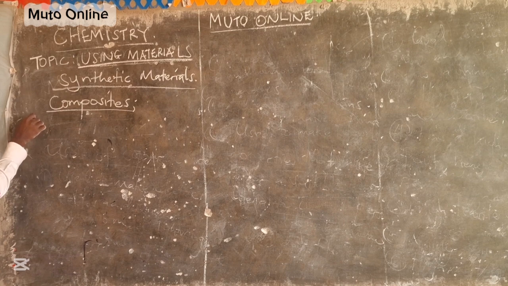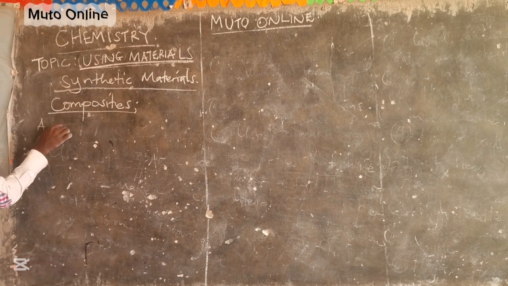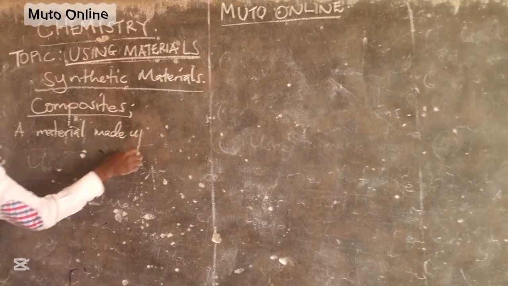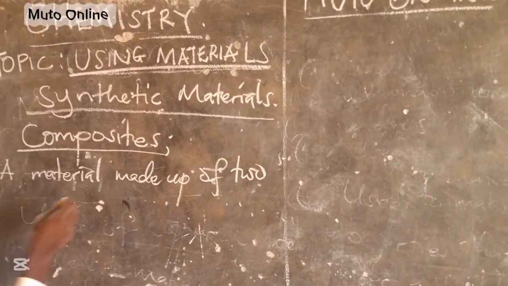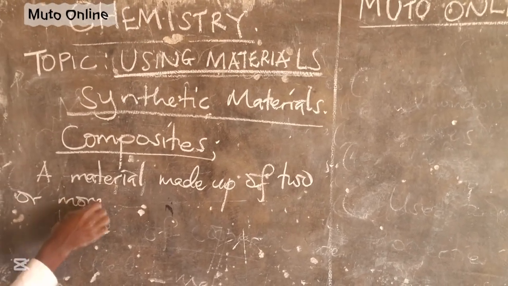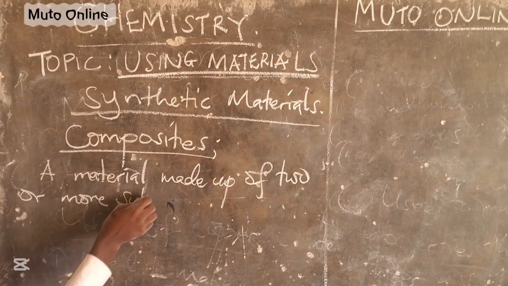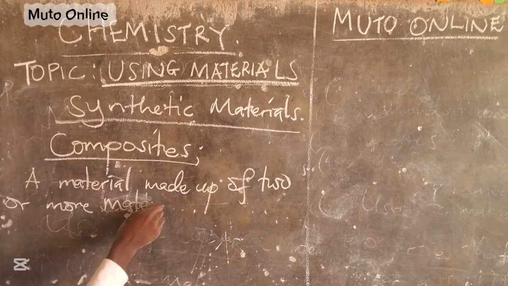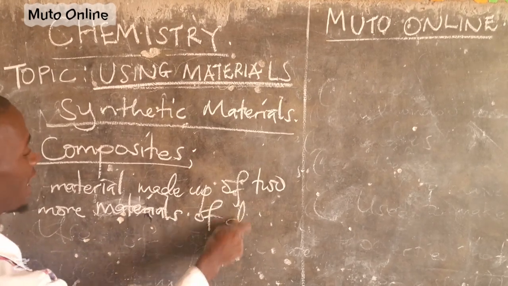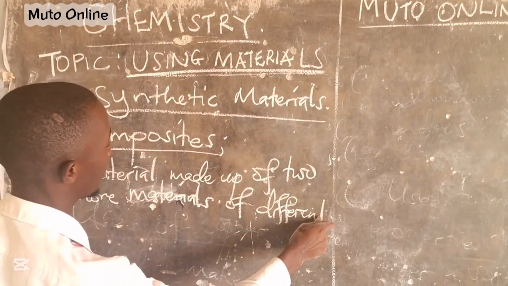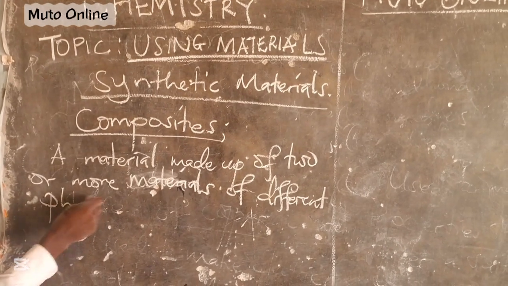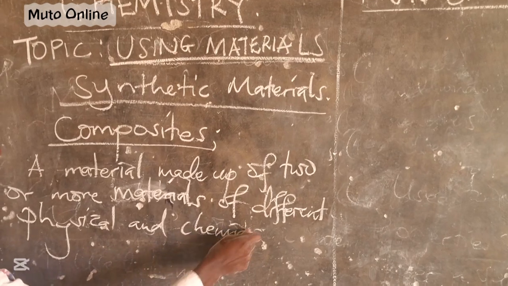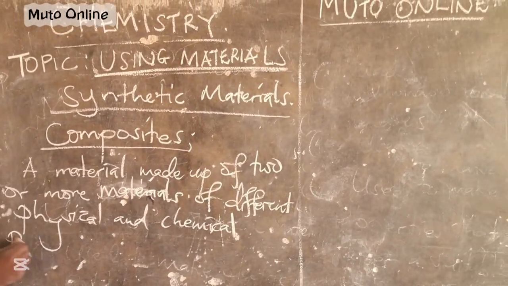A composite is simply a material made up of two or more materials of different physical and chemical properties.